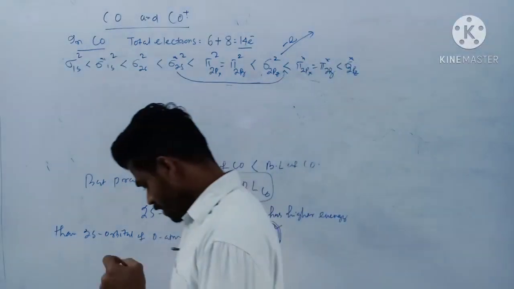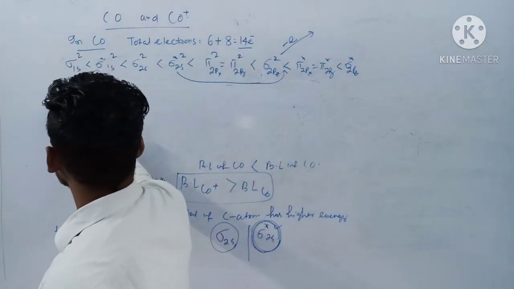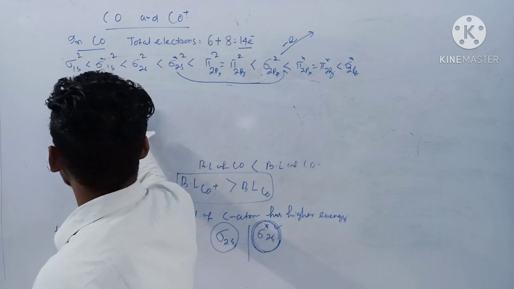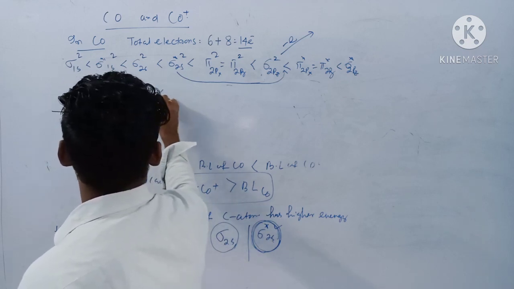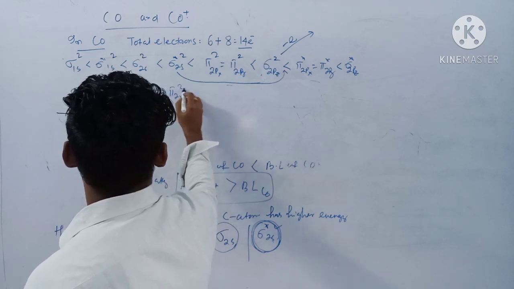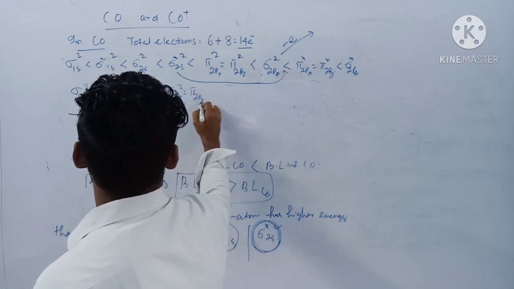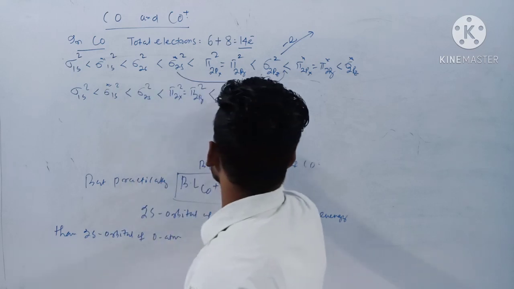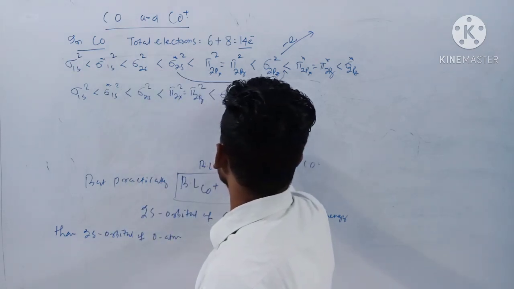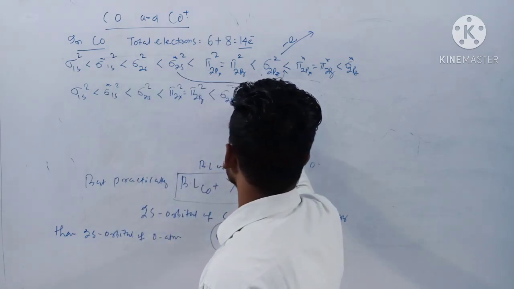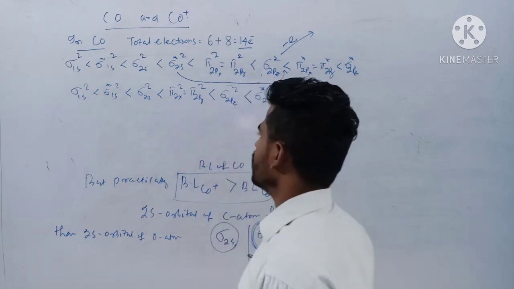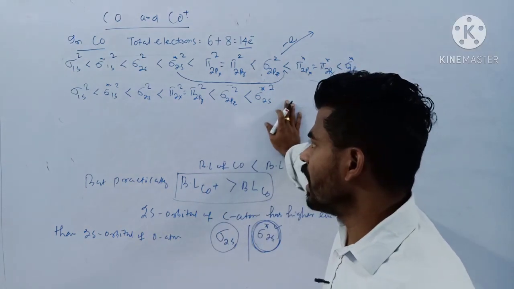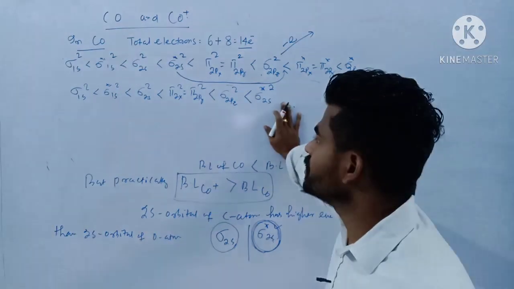So the advanced configuration can be sigma 1s2, sigma star 1s2, sigma 2s2, next pi 2px2, pi 2py2, sigma 2pz2, and finally the highest energy sigma star 2s2. So this is the new and possible configuration for CO.